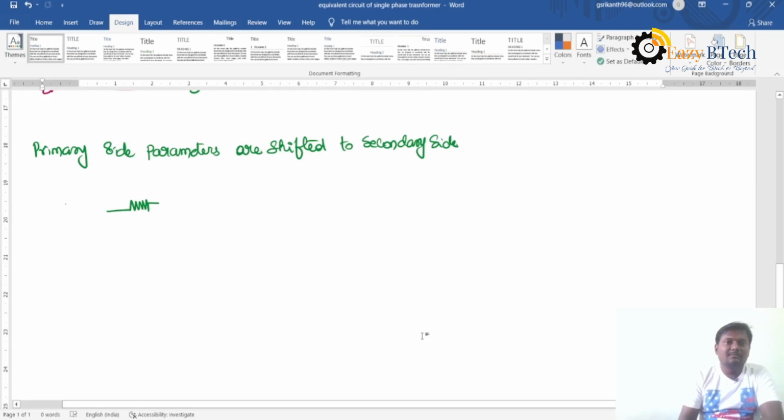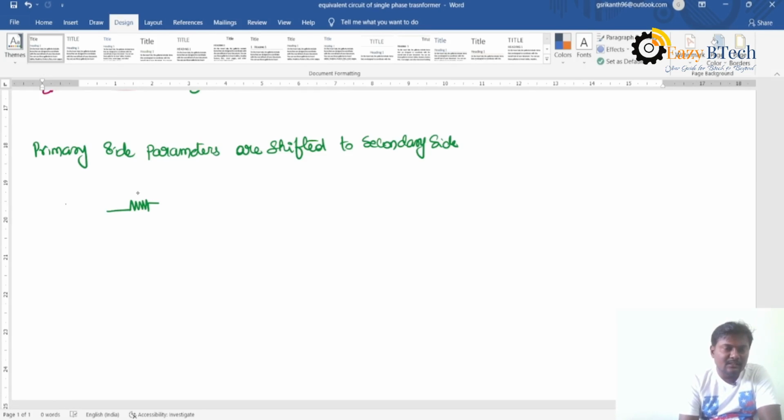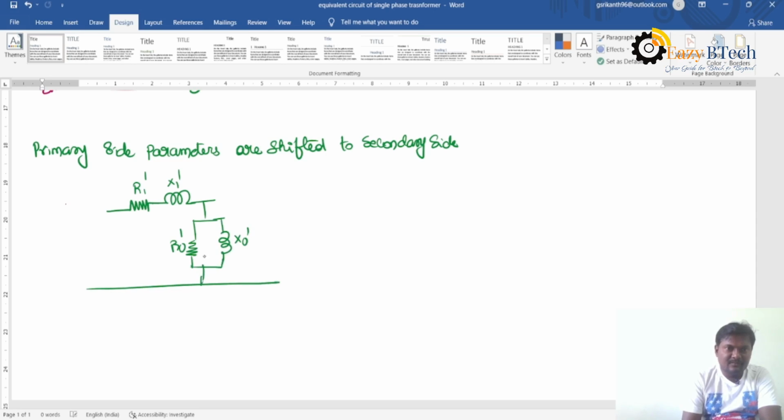If the primary side parameters are shifted to the secondary side, R1 becomes R1 dash and X1 becomes X1 dash. The no load parameters R0 becomes R0 dash and X0 becomes X0 dash, and the current flowing through this also changes.